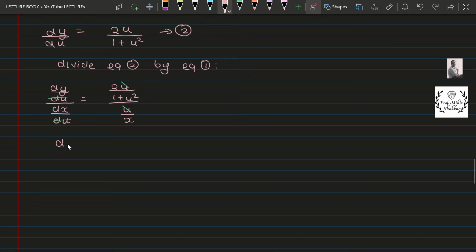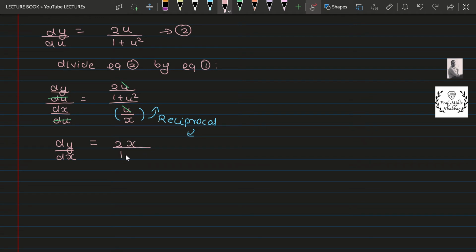So I will get over here dy by dx is going to be equal to, this x element will go in the numerator and it will become reciprocal. So the answer that comes over here is actually 2x upon 1 plus u square.